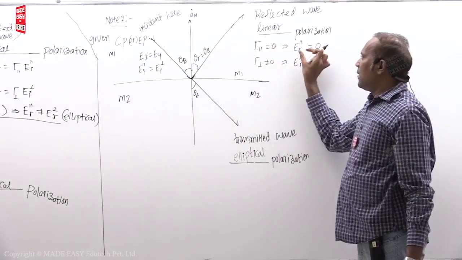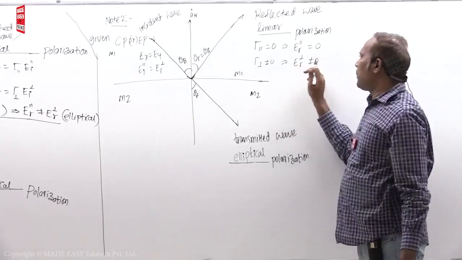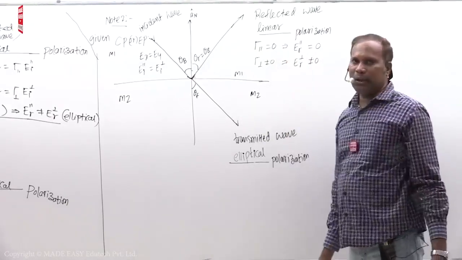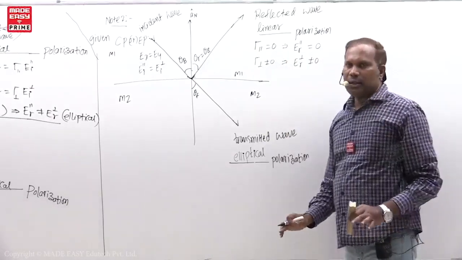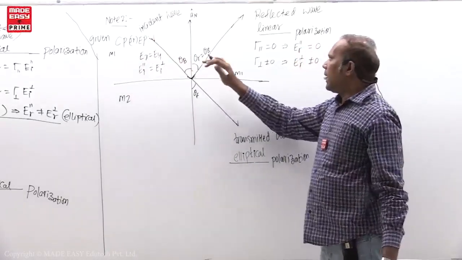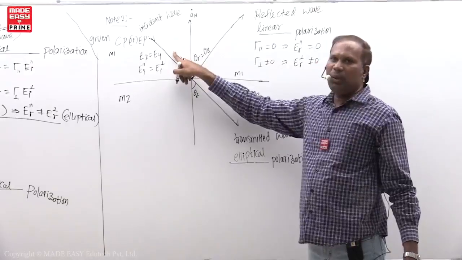That is why the reflected electric field for parallel polarization is 0, so only the perpendicular component will be there. If a single component is there, that is called linear polarization. This is a standard question. Anywhere, if they give circular or elliptical polarization, and here if they mention linear polarization, automatically the incident angle should be the Brewster angle.